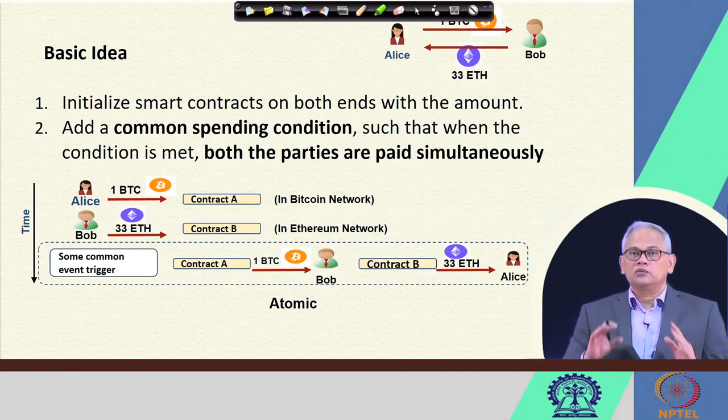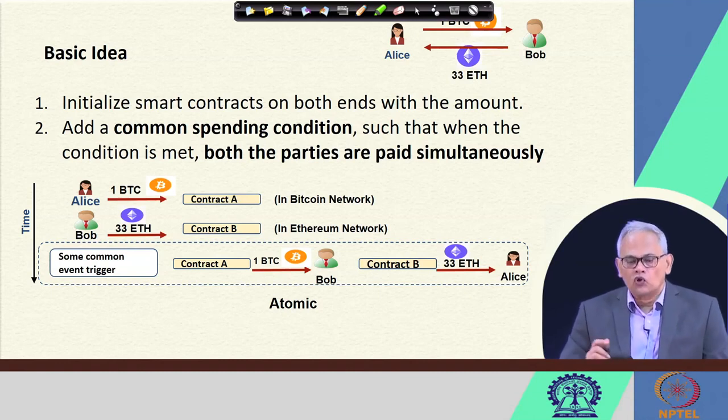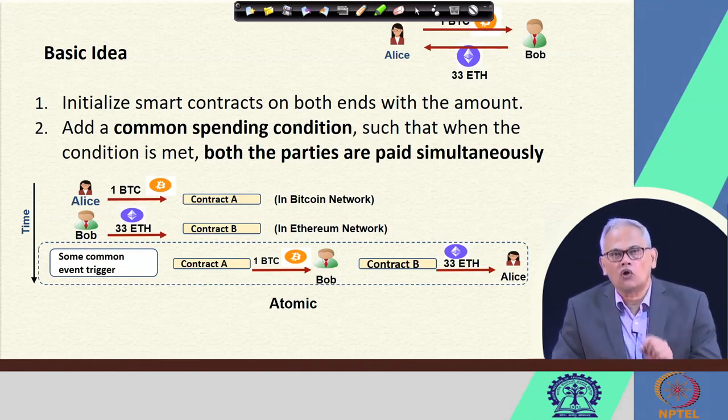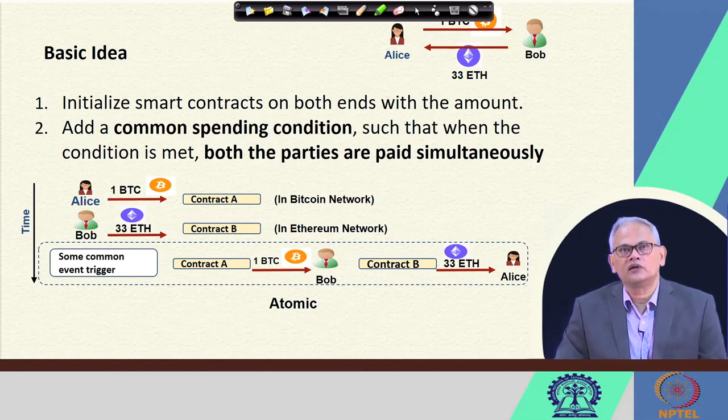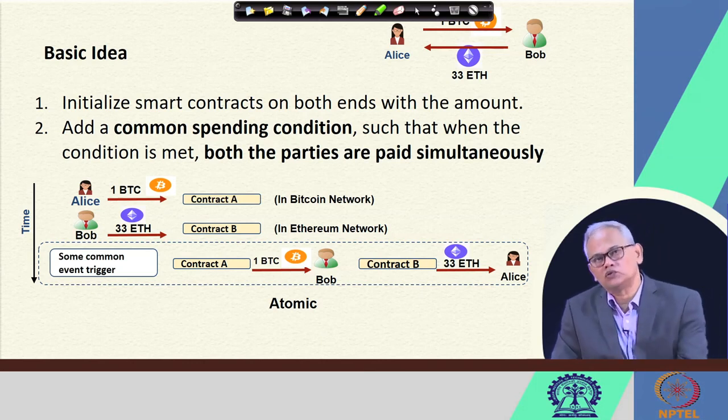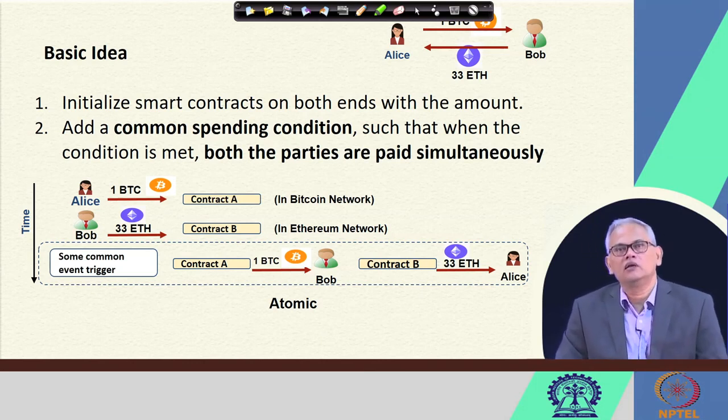Now, after these contracts have been created, on occurrence of a common event trigger, contract A will get executed, transferring 1 Bitcoin to Bob, and at the same time, atomically, contract B will also get executed, transferring those 33 ethers to Alice.